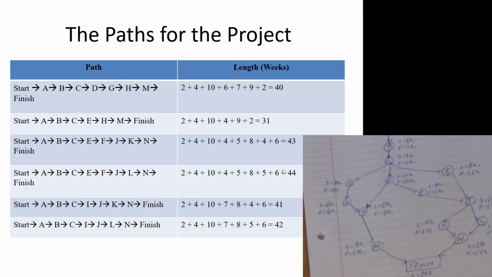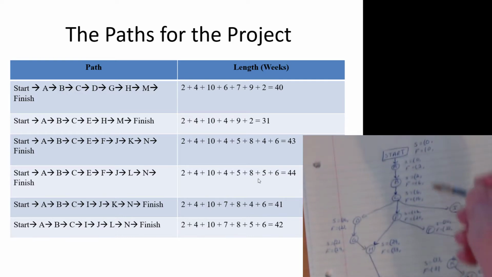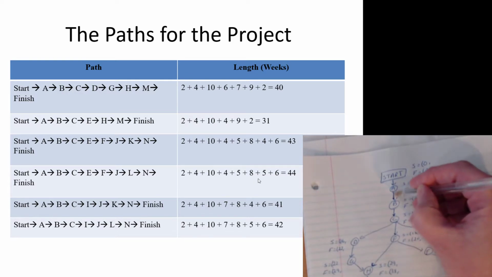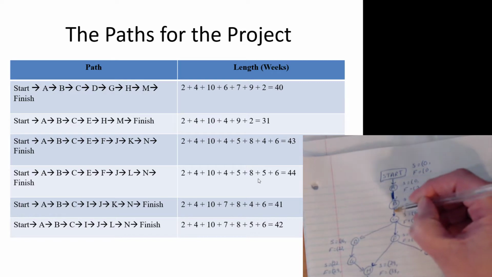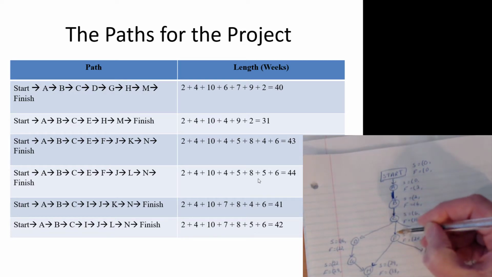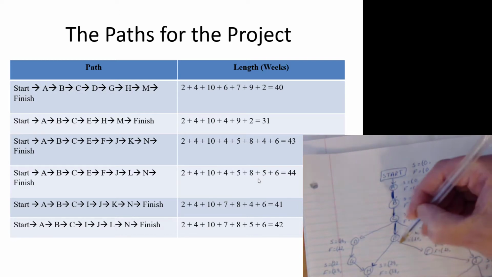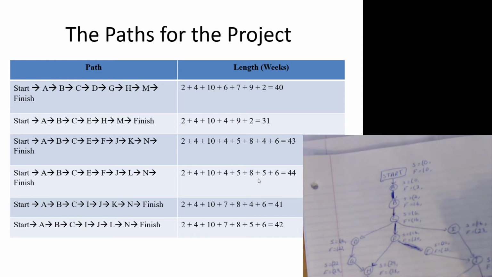And we see that at 44 weeks, A to B to C, E, F, J, L, N is the critical path. So where does that take us? It takes us from A to B to C to E to F, right?